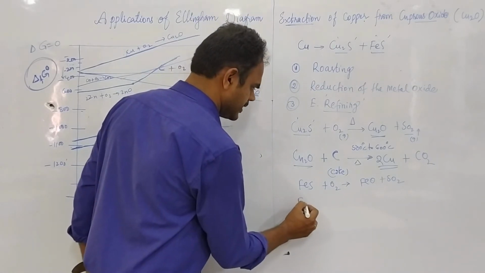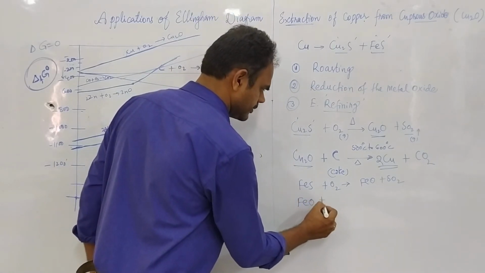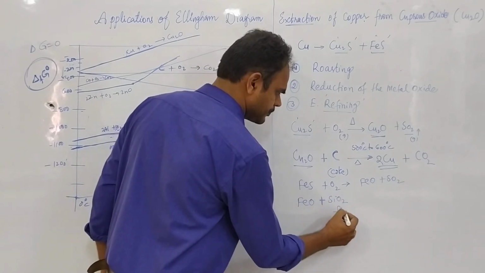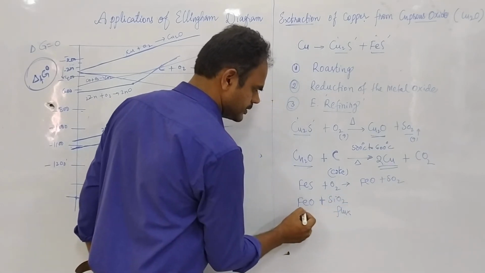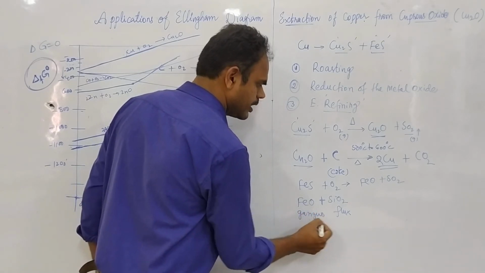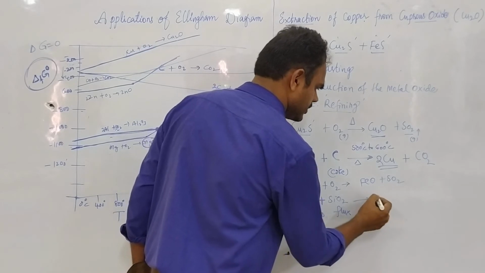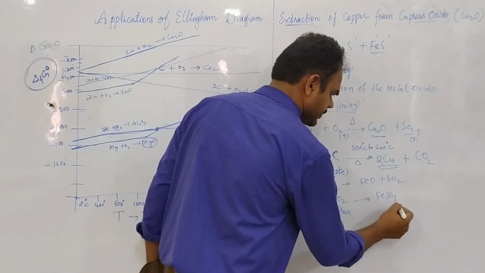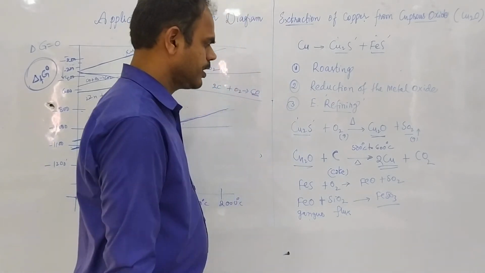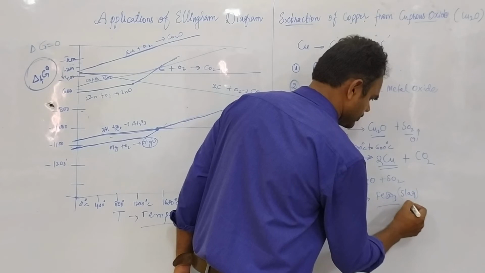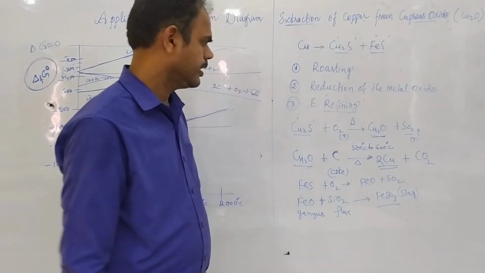When this iron oxide is heated with a flux like silicon dioxide, which is a gangue material in the copper, they form ferrous silicate, iron silicate. This acts as slag, which can be removed from the copper.